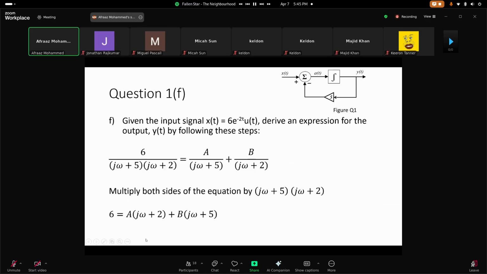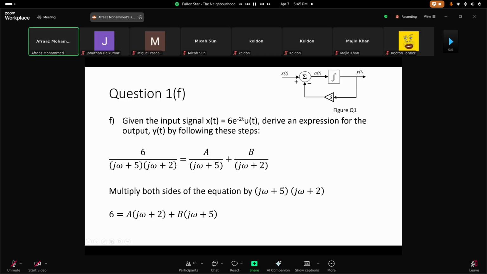Essentially, what we're going to have here is 6 over (j omega plus 5)(j omega plus 2) equal to A over j omega plus 5 plus B over j omega plus 2. The first step is to multiply both sides of the equation by (j omega plus 5)(j omega plus 2).